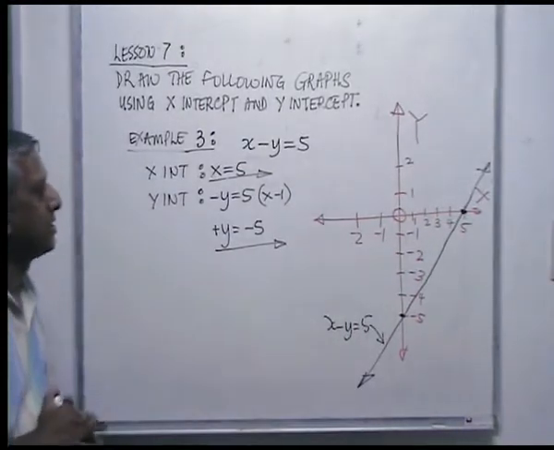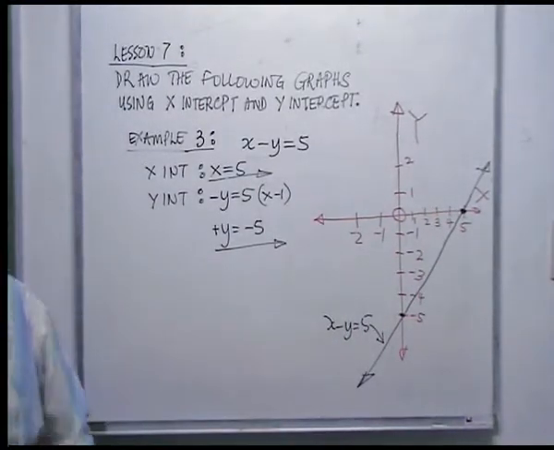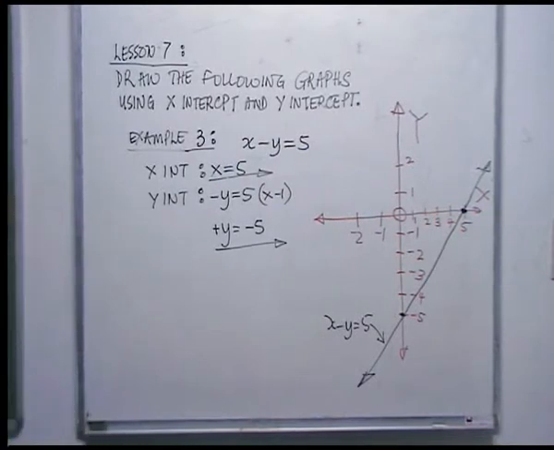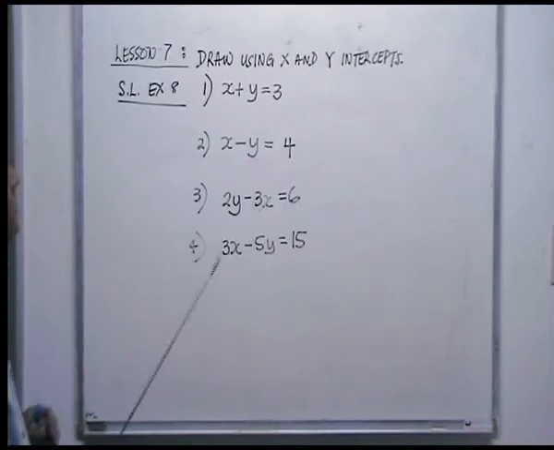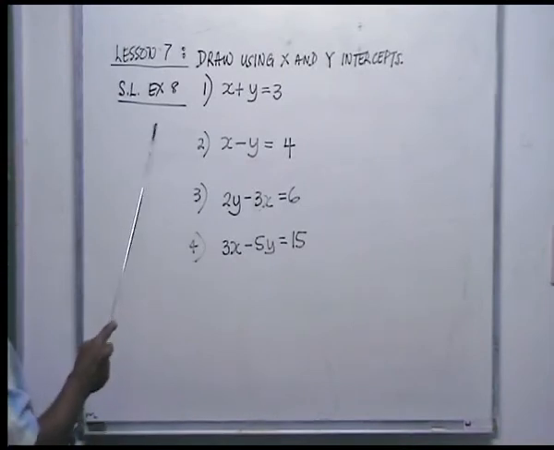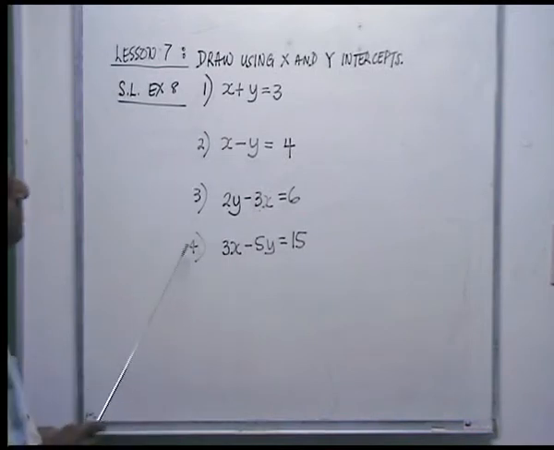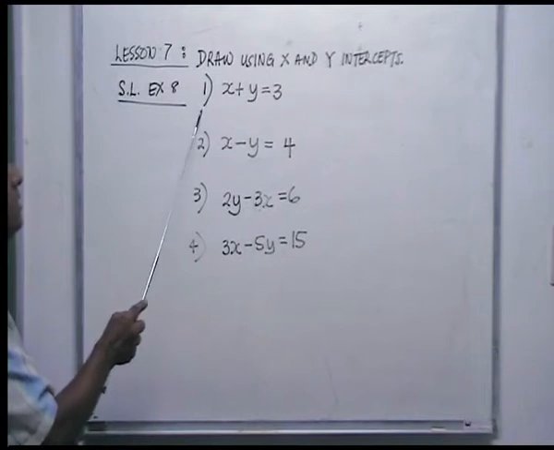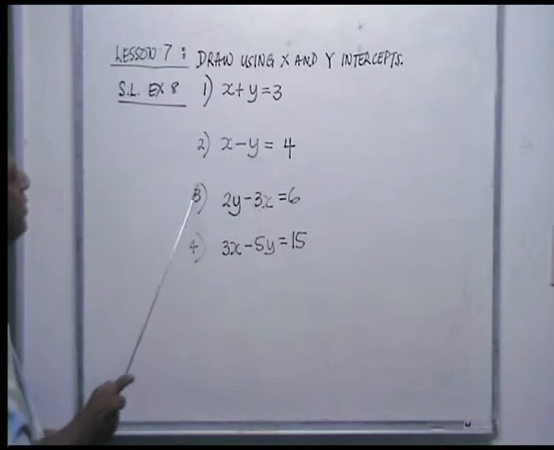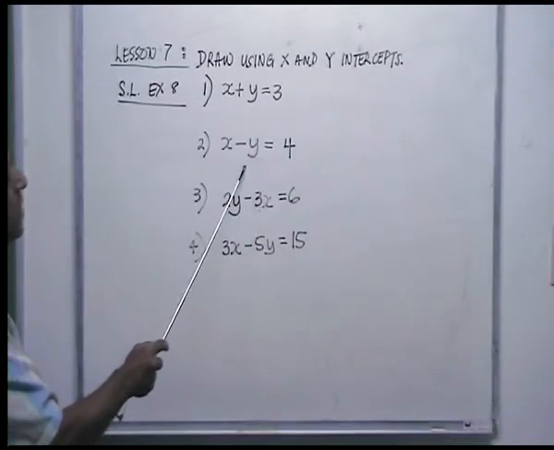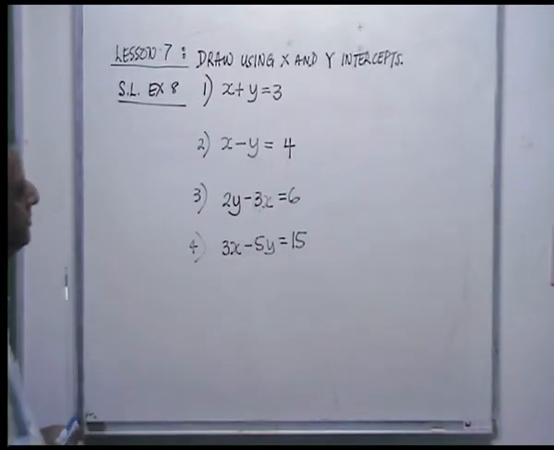Alright, I think with those 3 examples, you should be able to do an exercise. So I'll shortly give you a little exercise where you'll find the x-intercepts and then draw the graphs. Alright, here's a little exercise for you. Exercise 8. Draw the following graphs using x and y intercepts. Number 1, x plus y is equal to 3. Number 2, x minus y is equal to 4.